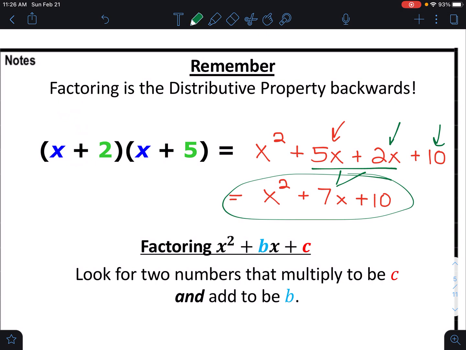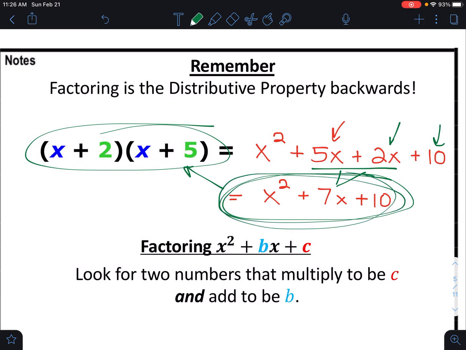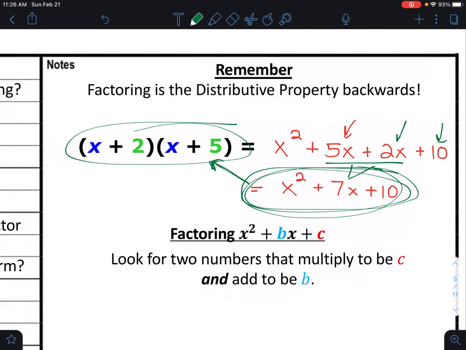Well, the distributive property actually works both ways, okay? We can actually go from x squared plus 7x plus 10 back to this right here. And this is called factored form. So really it's just working backwards. So today what we're going to do is take something that looks like x squared plus 7x plus 10, and go back to this. Now you might notice a few things, okay?